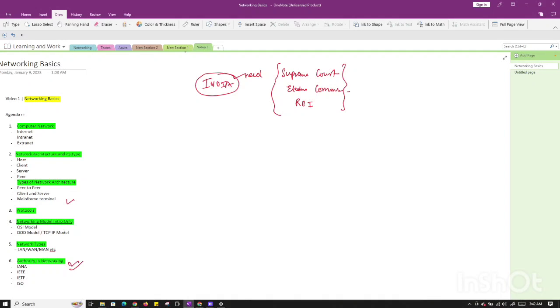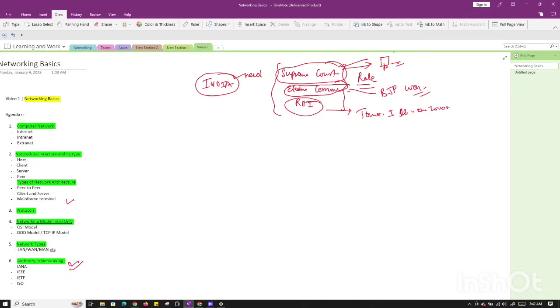What are their roles? If we say a criminal is justified or unjustified, that is decided by Supreme Court judges, right? And everyone has to agree with that. If the Election Commission says BJP won, that means BJP won. If RBI says tomorrow I will not print 2000 notes, that means they are not going to prepare them.